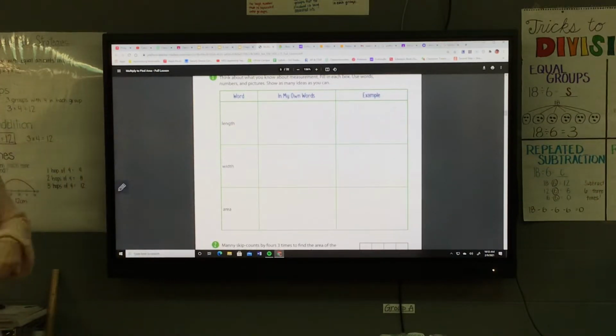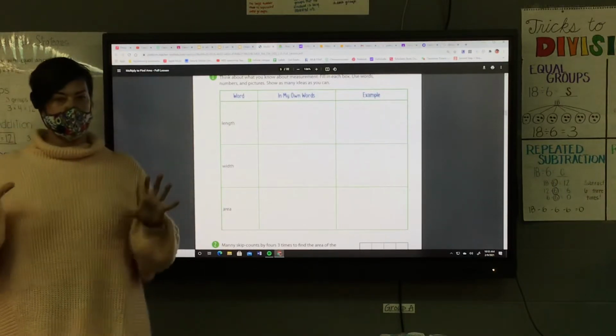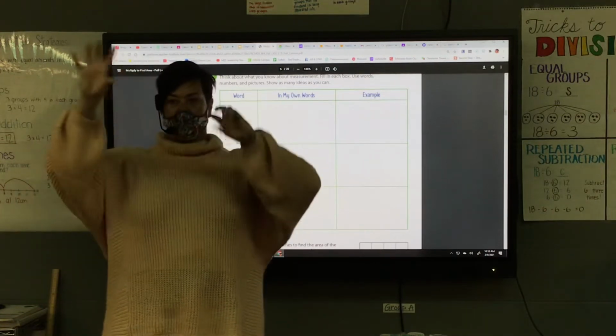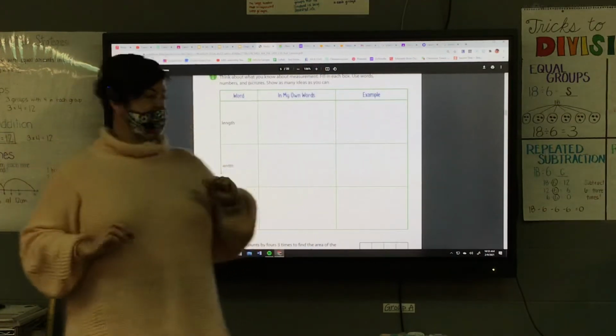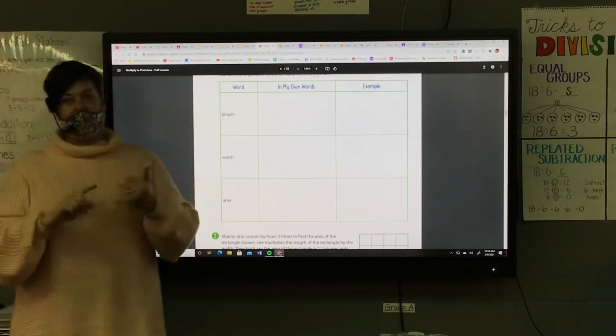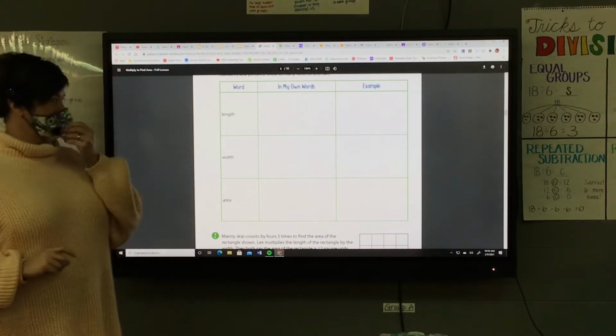Yes? Okay. So this is set up a little differently than ones we've seen before. It usually has a word in the middle and then boxes around it. But this has us talking about length, width, and area.